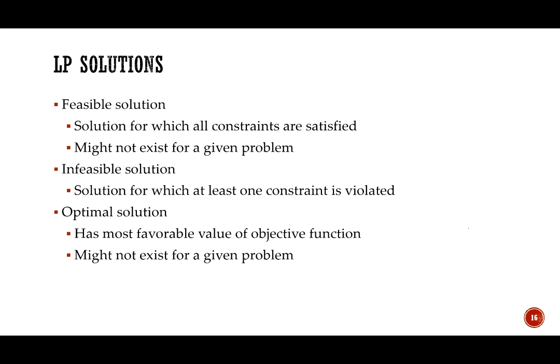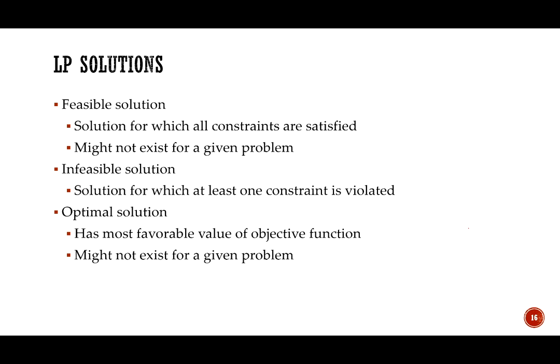Here we can see three types of solutions: feasible solutions, infeasible solutions, and optimal solution. Feasible solution refers to solutions for which all constraints are satisfied, and might not exist for a given problem. So for some problems, we just don't have a feasible solution.